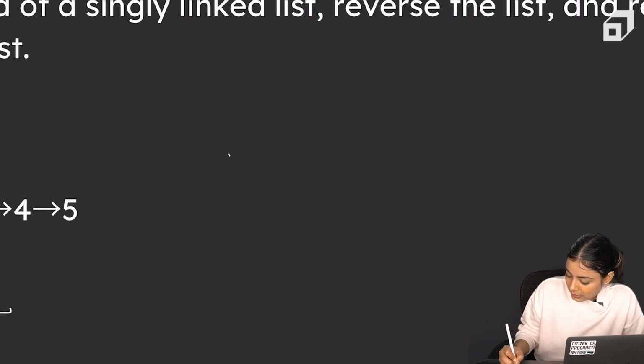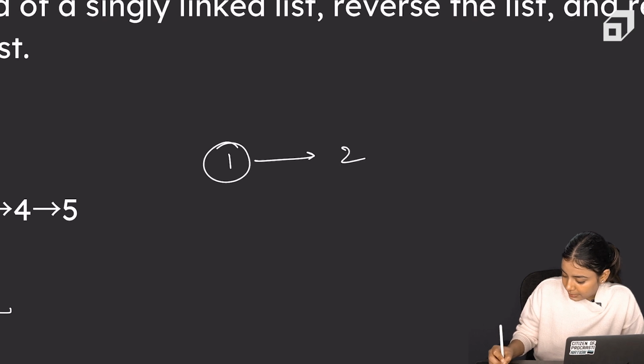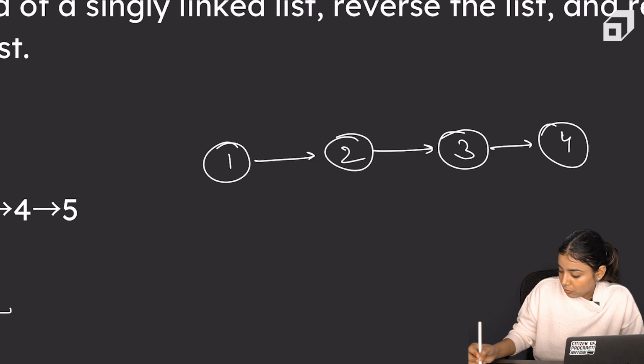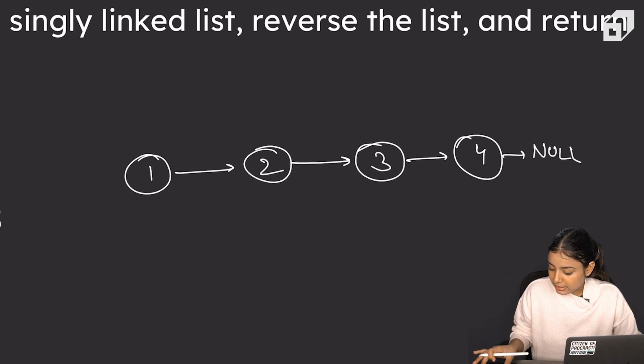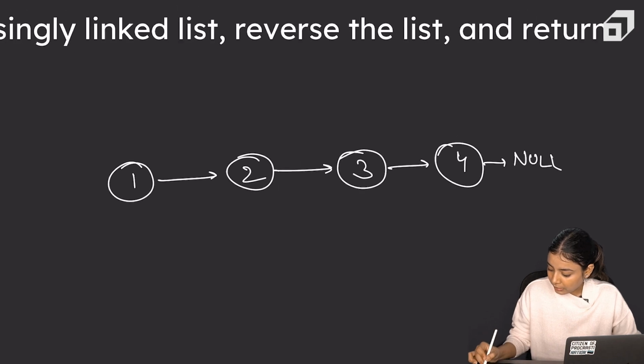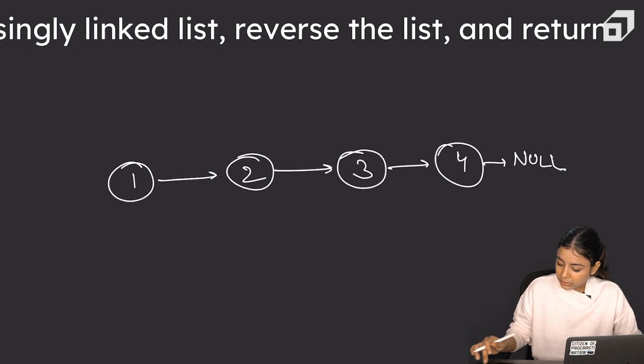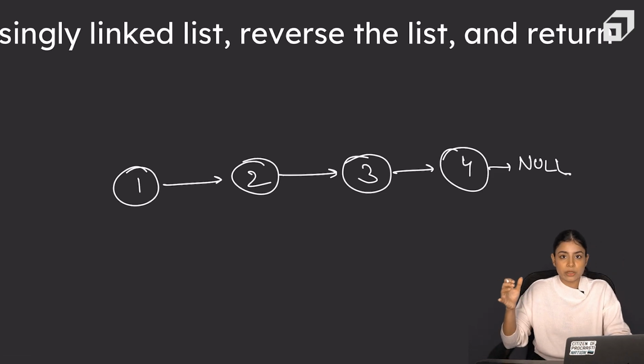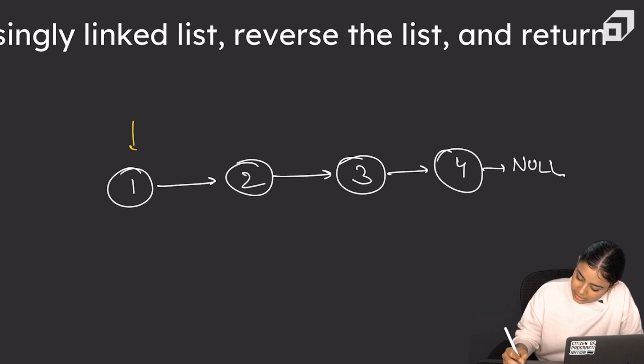Okay, so let's take another example. Let's have 4 nodes here. So this is my linked list, and what I'll do here is I'll start with 3 pointers: previous, current and next. Let me start with my current pointer on the head.